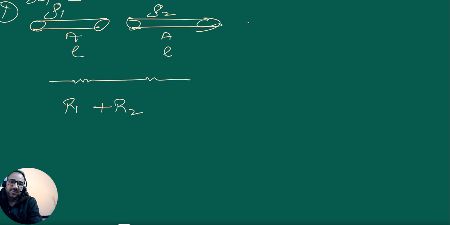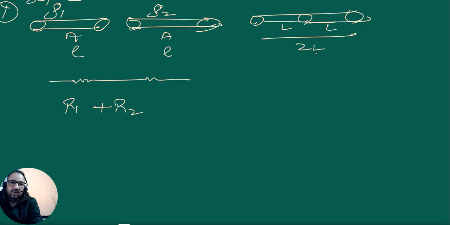I remember it. I don't have the PDF right now. So if they are connected in series, resistance becomes R1 plus R2. Obviously, in series you are joining two wires. Each length is L, and total length becomes 2L.